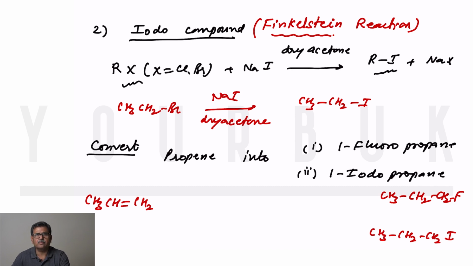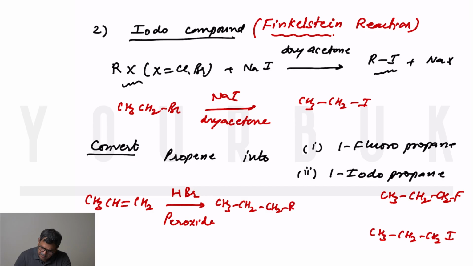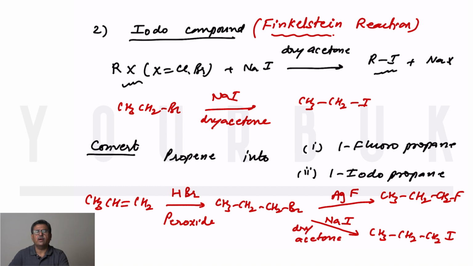So you have no other option except to add HBr, or bromine, at the number 1 carbon. So we write HBr in the presence of peroxide, it gives 1-bromopropane, and after this you follow the Swarts reaction. As a student, I will always prefer AgF, or for 1-iodopropane, using NaI and dry acetone. So this is the way you have to perform the conversions: propene into 1-fluoropropane and propene into 1-iodopropane.